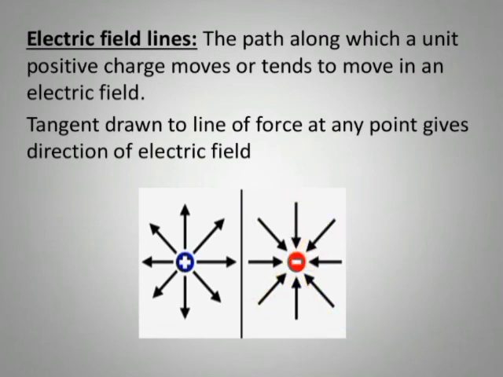So you may get a question telling you to draw field lines for a positive charge and a negative charge. And this is how you are going to represent it. Just put a positive symbol and draw a few arrow marks radiating outward. And if I consider the negative one, the electric field lines are just going inside. So this was experimentally proved. I hope I have made it very clear to you.